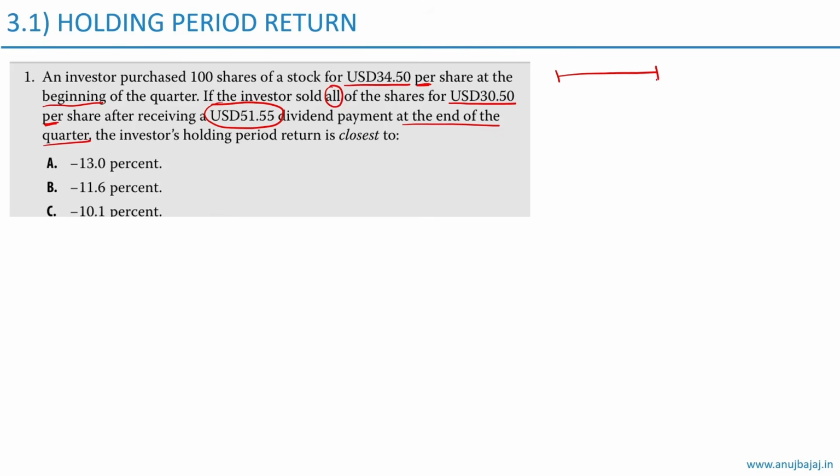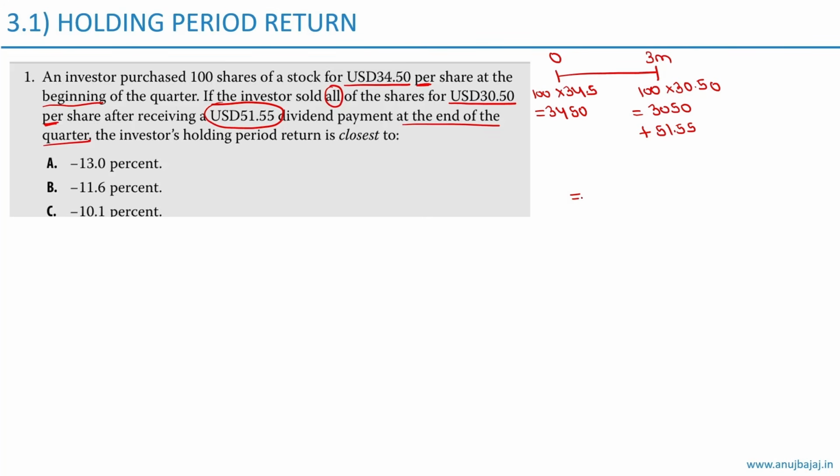So at the beginning of the quarter, the investor purchased a total of 100 shares for $34.5. So his total investment was $3,450, and at the end of 3 months, he sold all his 100 shares for $30.50, which was $3050, and he also received $51.55 at the end of the quarter.